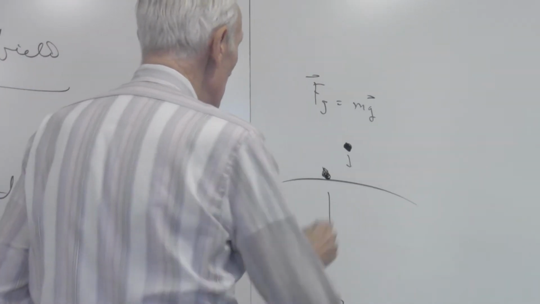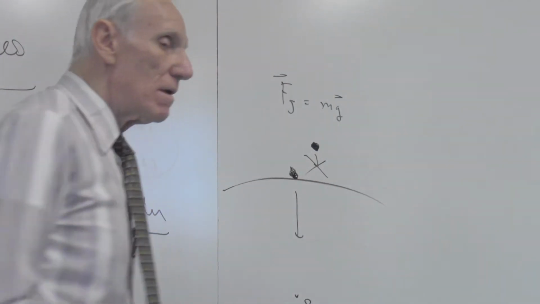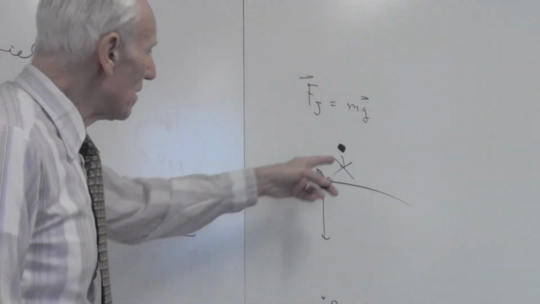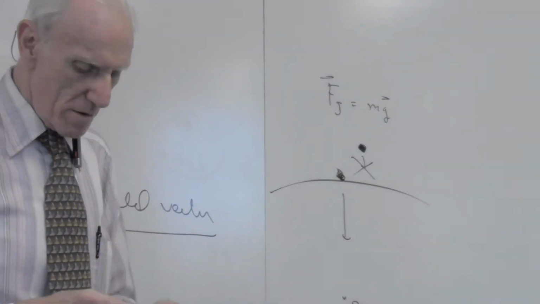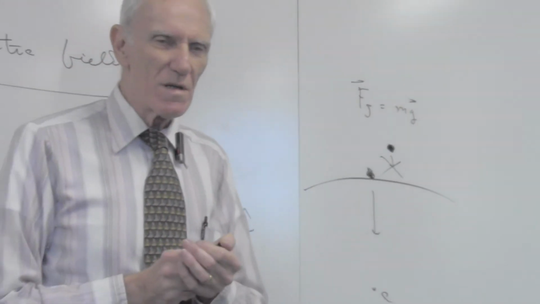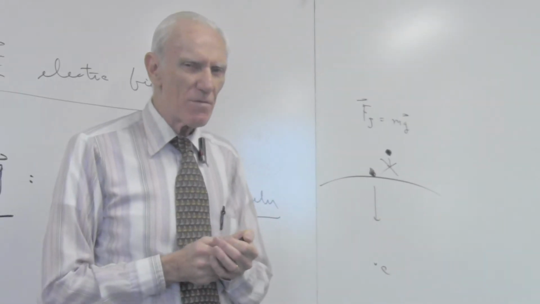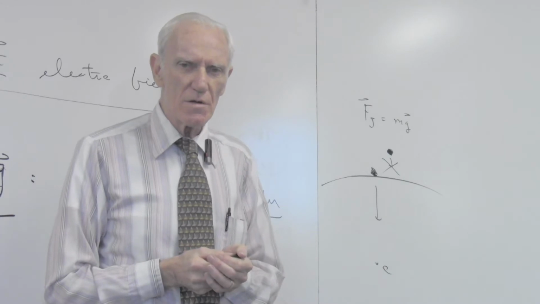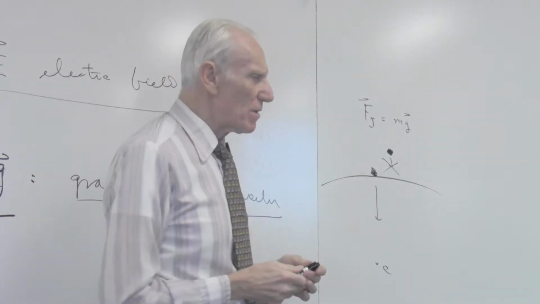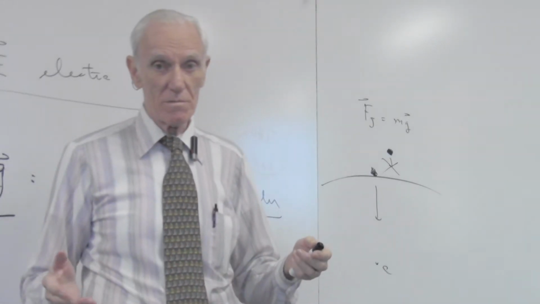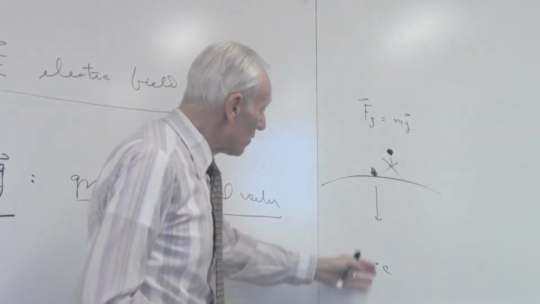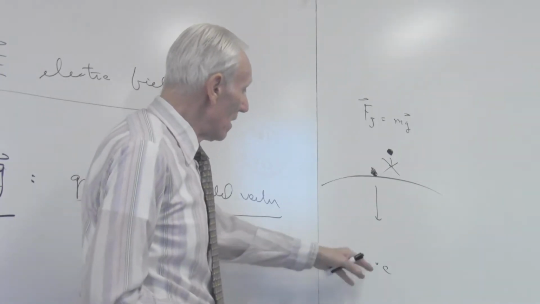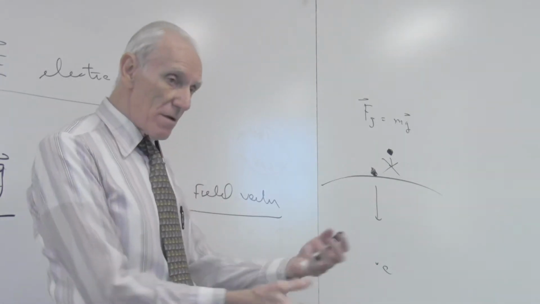But the point is, there's nothing in between this mass and the Earth. So what is producing that force? I mean, I thought forces were pushes and pulls, and you had to be in contact to have something be pushed or pulled. But gravity is pulling on this object, and there's nothing actually pulling on it.